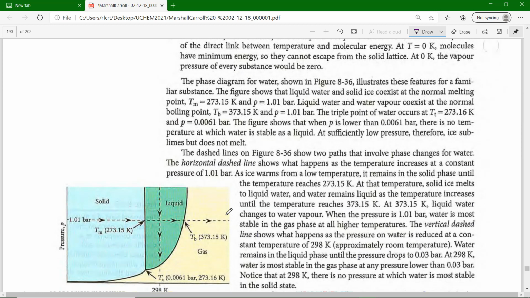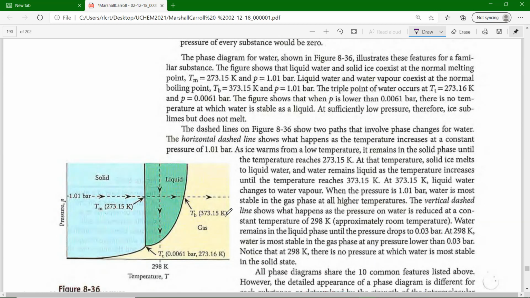Okay, so here we have figure 8.36, a drawing for water, and we see that here's my melting point, 273.15 Kelvin.